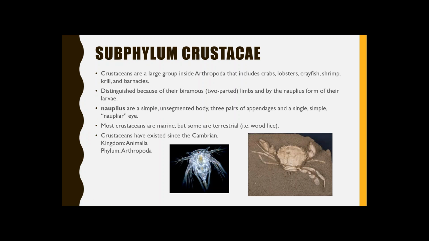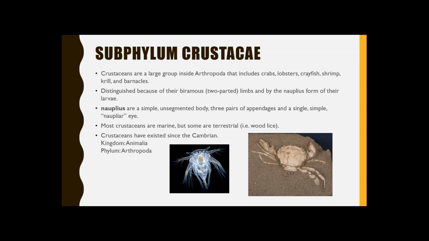So these crustacean subphylum are all going to be marine. None of this lives on land. Well, crabs do, but they're still considered marine because they're on the coast of the ocean, right? And they're distinguished because of their 2-parted limbs and their larvae.